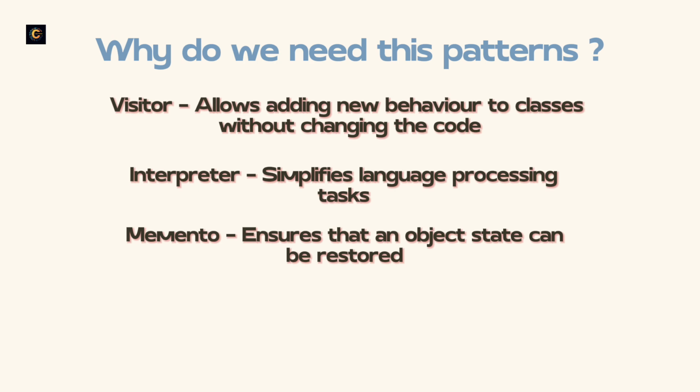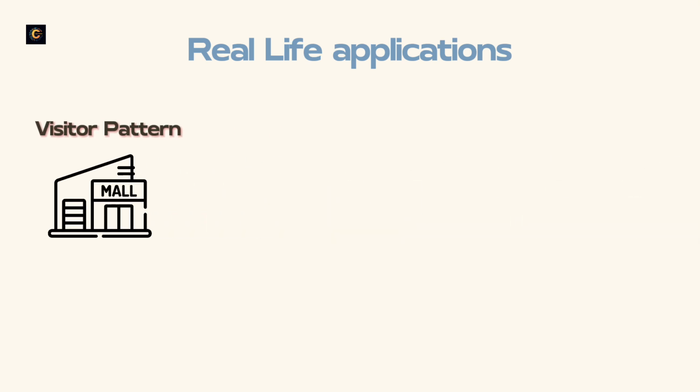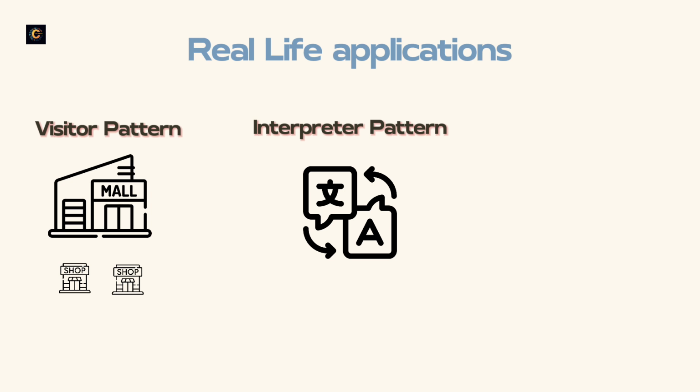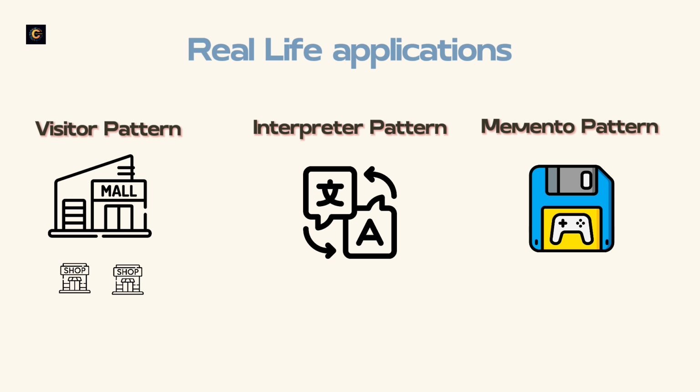Now, let's talk about the real life applications. So, visitor pattern can be seen, for example, in a shopping mall where different customers visit different sections of the shop. Interpreter pattern can be compared to translating languages, and memento pattern is like saving and loading game progress.